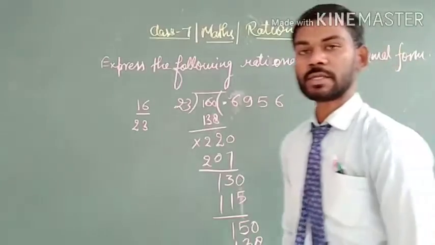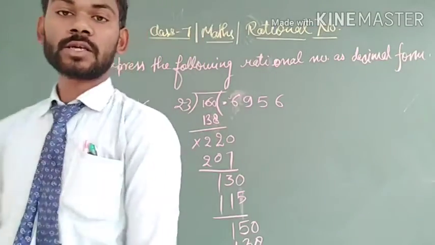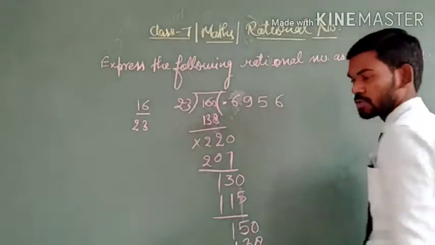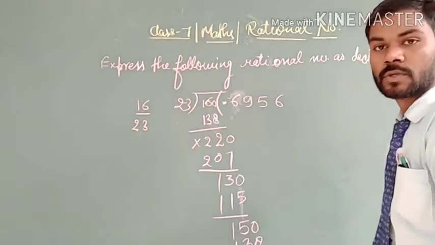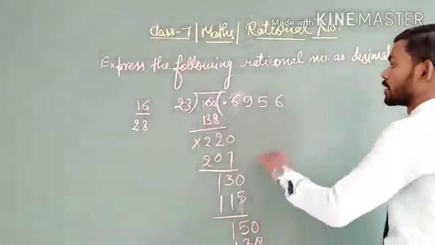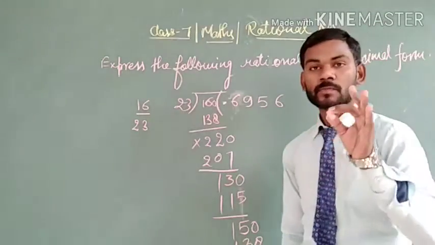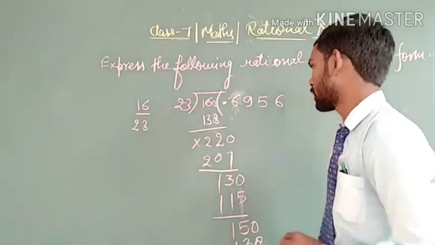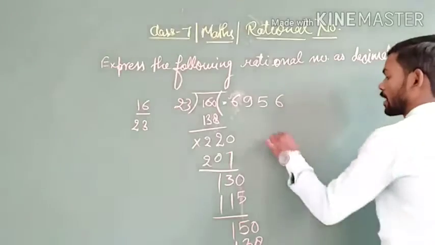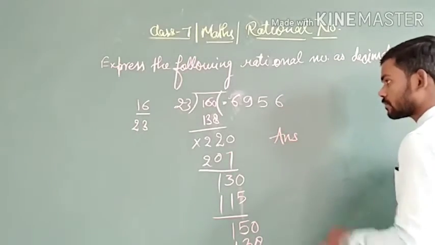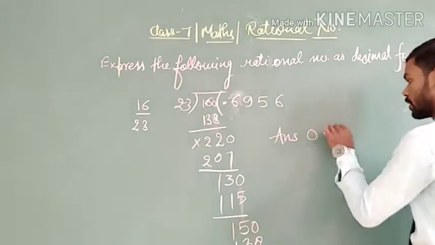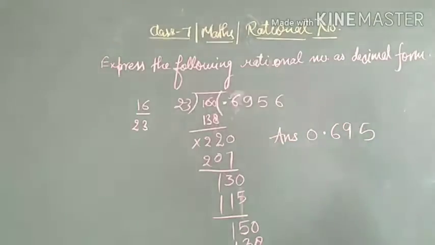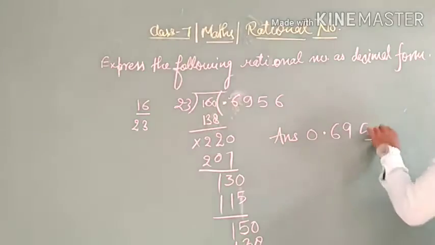So here we can see that after the division the remainder does not become 0 at any step, which means that this is a non-repeating and non-terminating decimal number, and hence our answer is 0.6956.